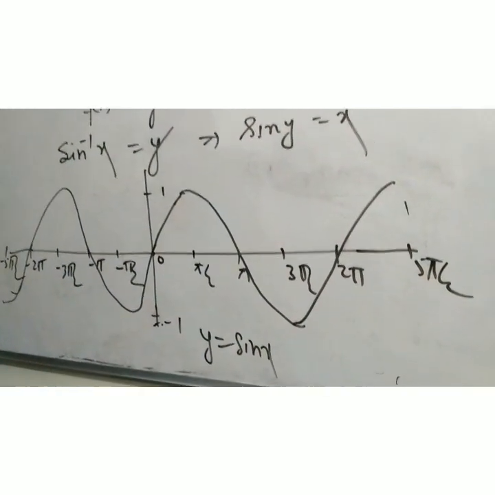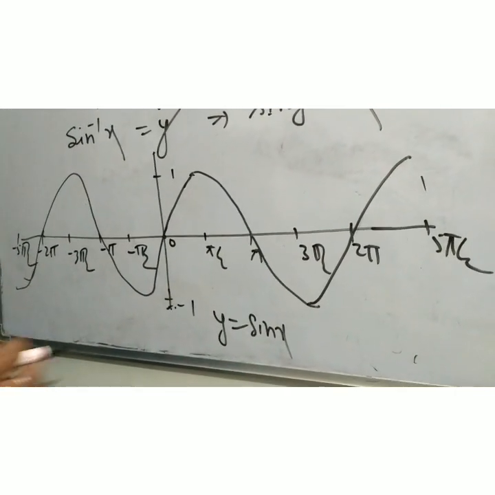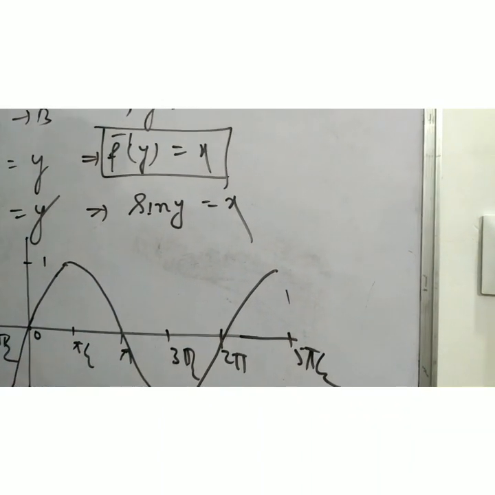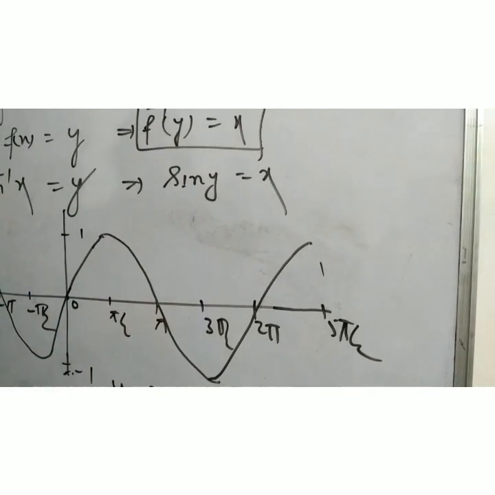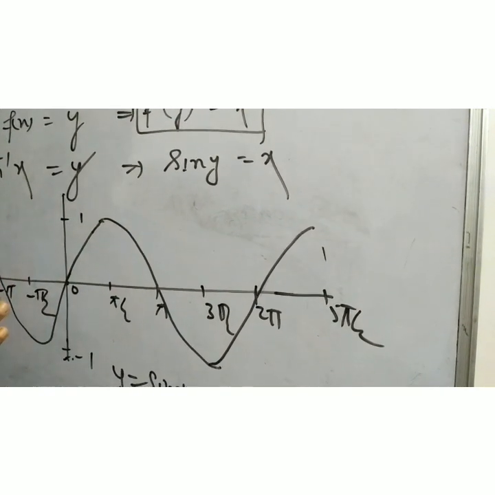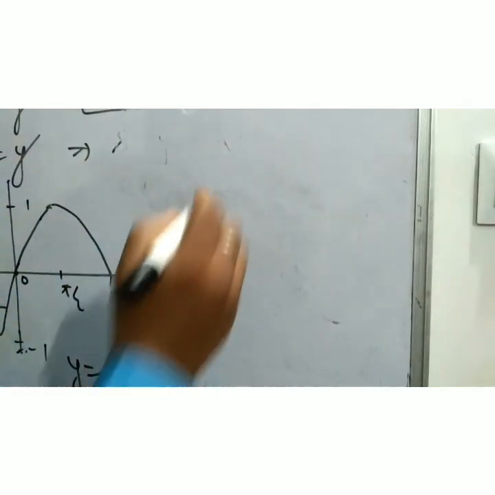But in case of the inverse trigonometric function, what will be the inverse? In this case, the domain part will be the range and the range part will be the domain. For the inverse function, the domain will be minus 1 to plus 1. It will be in this form, minus 1 to plus 1.